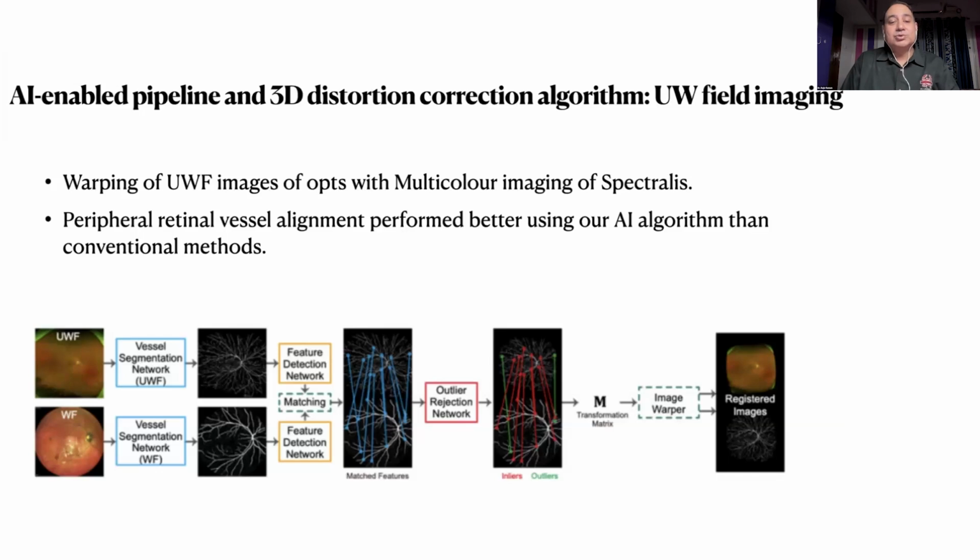The problem with the conventional method is that the alignment of the peripheral retina is not that great. And now we have these AI-enabled pipelines which can create a very nice alignment so that you can have a much better structural correlation.